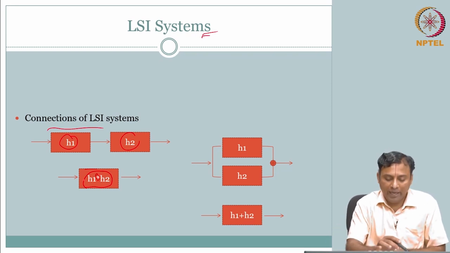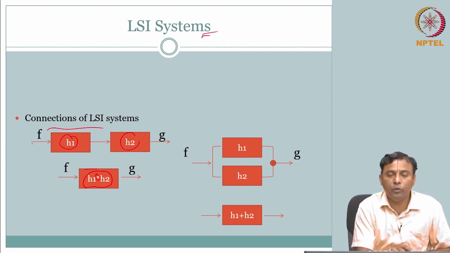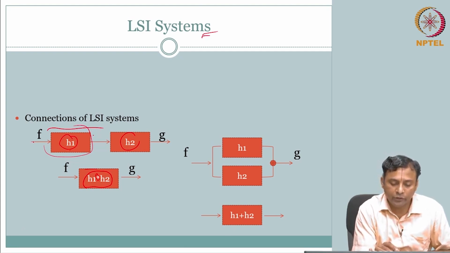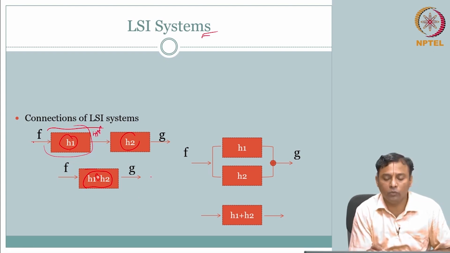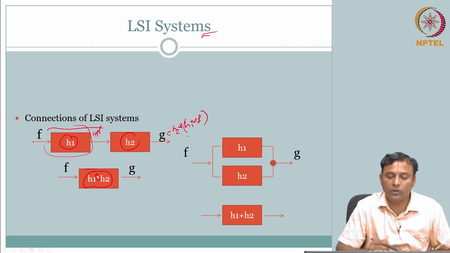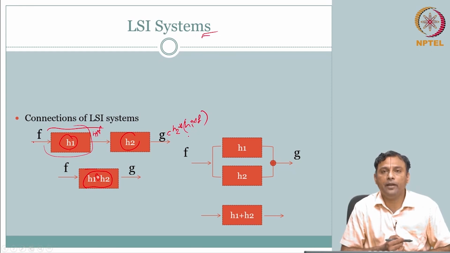So, if I have an input F, the output of the first LSI system is going to be H1 convolved with F, and that goes into the next system. What will be the output G? G is going to be H2 convolved with whatever went in. What went in? H1 convolved with F, that is the one that went in, right.